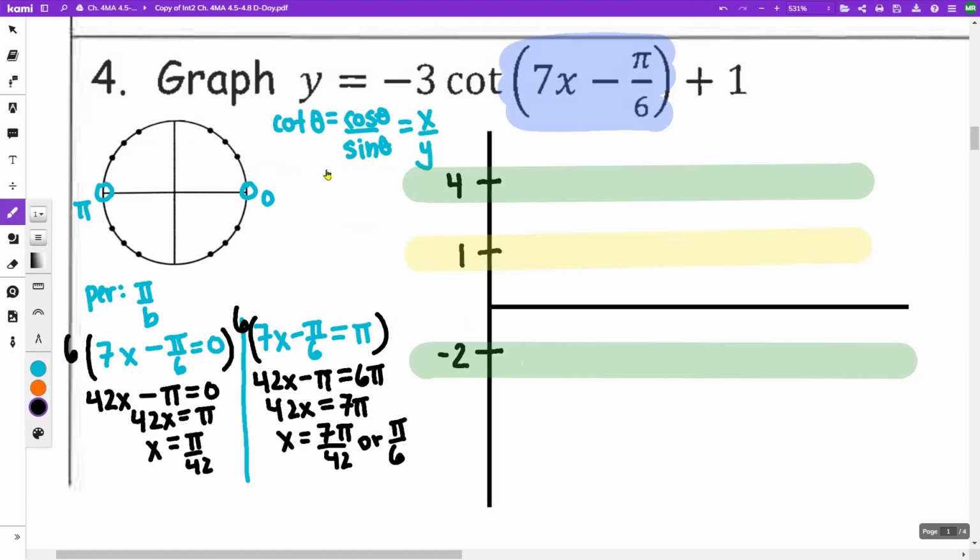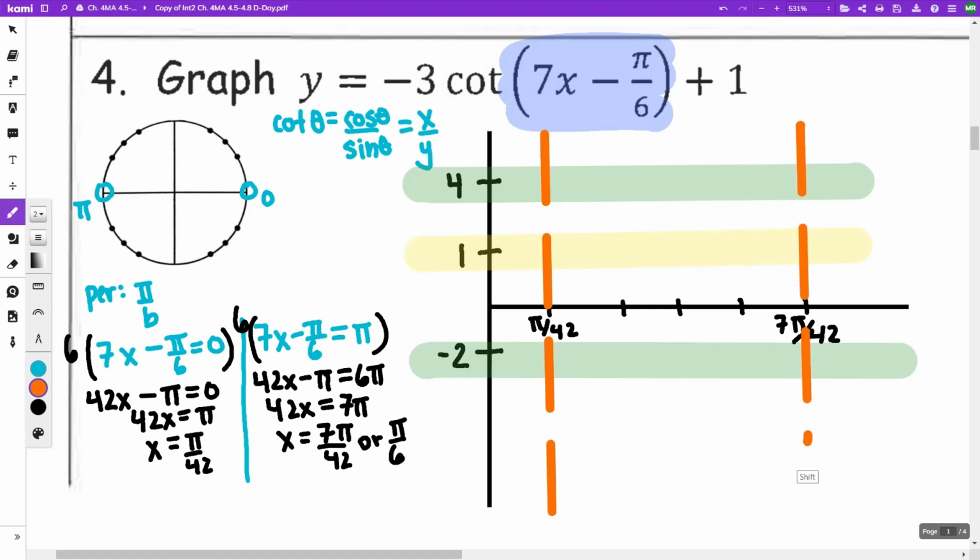Now I'm going to have some asymptotes. Okay. So I'm going to have asymptote at pi over 42, pi over 42 seconds, first, second, third, fourth, fifth. Fifth one was going to be 7 pi over 42. Okay. Now, this is where my asymptotes are going to be. So I am going to be drawing an asymptote through here and an asymptote through here.